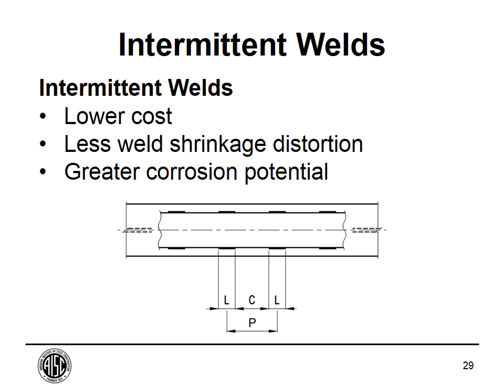Now, the one negative for intermittent welds is greater corrosion potential, but we'll talk a little bit later about how the rules in the AISC specification will act to cut that down. Also, this usually is not a problem, assuming that you follow the AISC rules that I'm going to show you, and you have a good coating system.